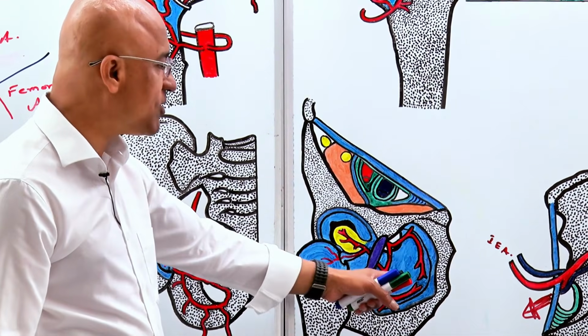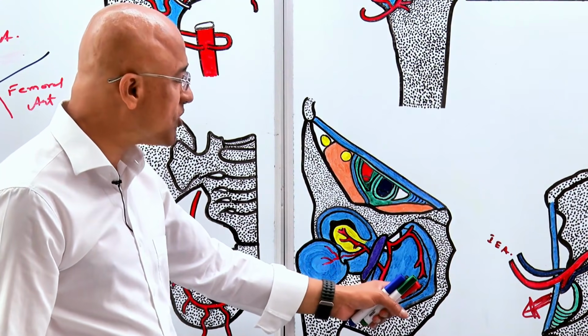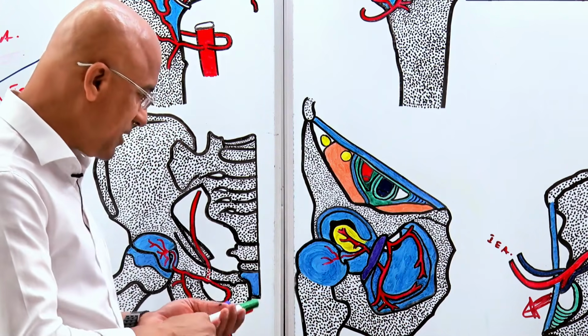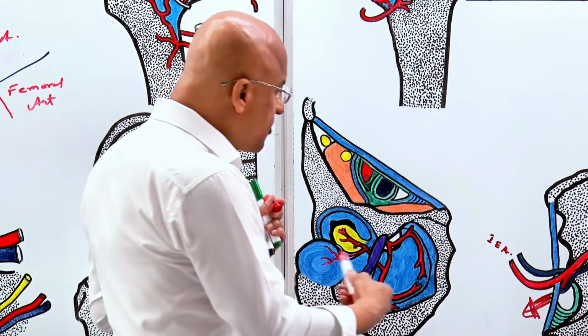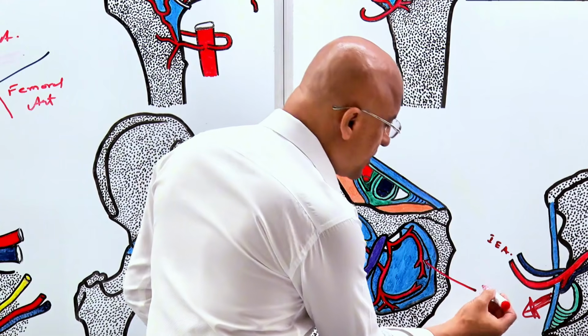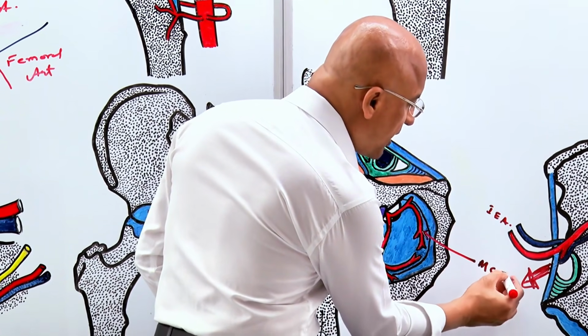And this is not kissing anastomosis. This is just anastomosis between anterior and posterior branch. And another thing, this anterior branch also makes an anastomosis with the medial circumflex femoral artery.